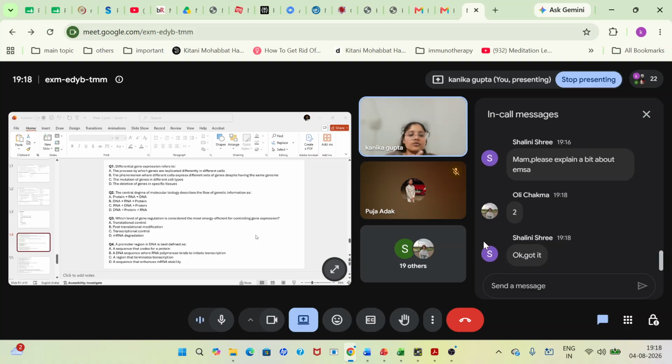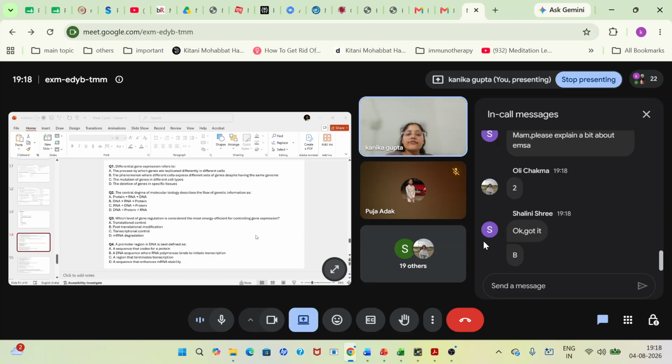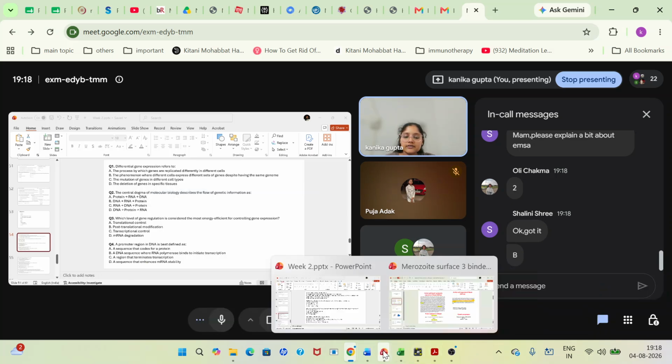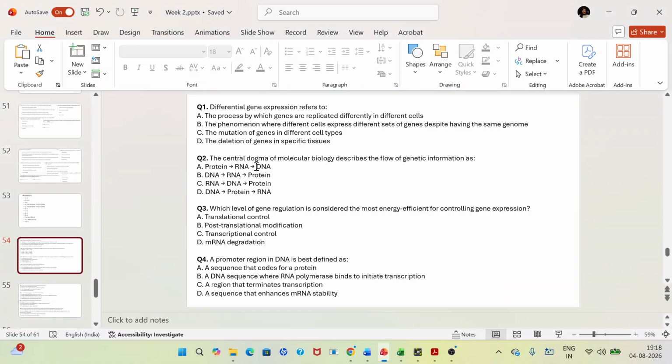Okay. So yes, the answer to question number 1, differential gene expression refers to the phenomenon where different cells express different sets of genes despite having the same genome.